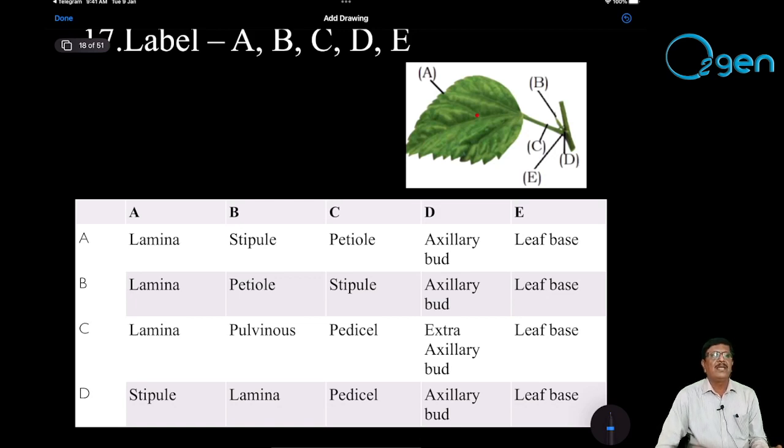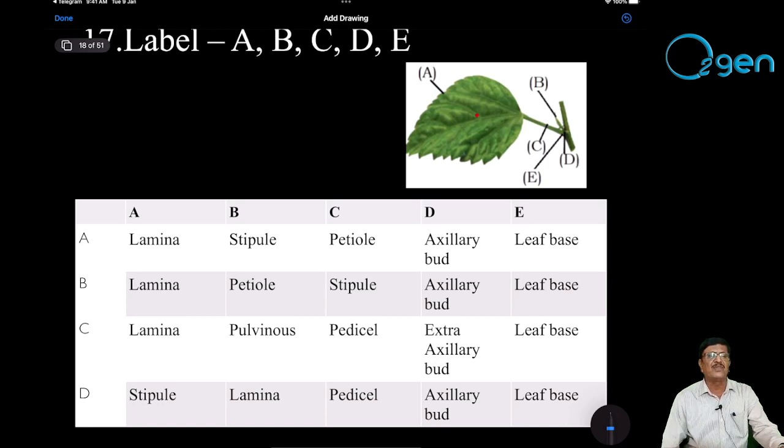Next, in the given diagram of the leaf, label A, B, C, D, E. A is lamina or blade. B are small outgrowths at the base of the leaf, they are stipules. C is the leaf stalk, called petiole, petiolated leaf.